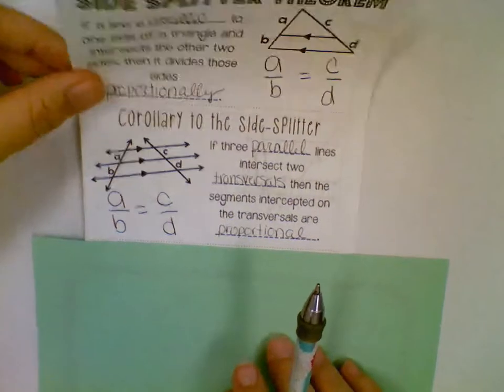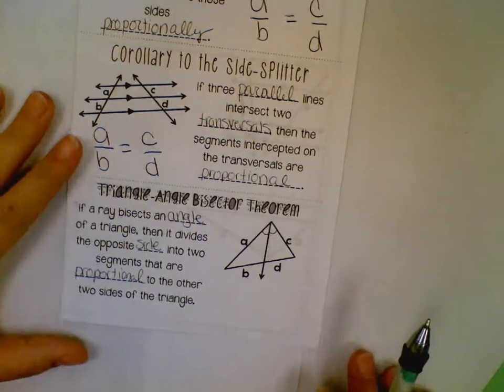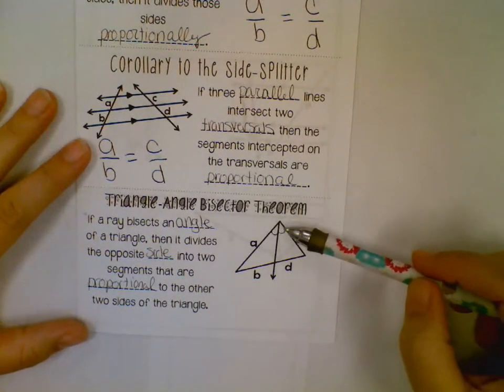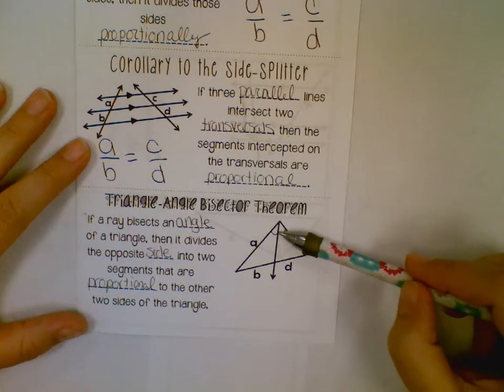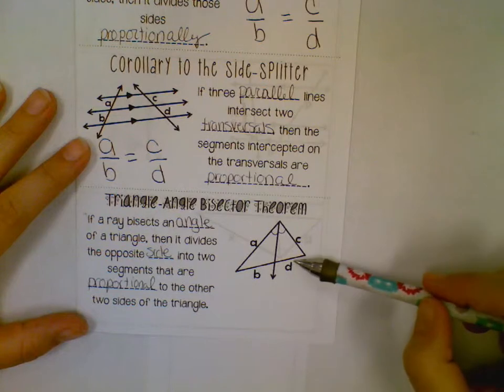Okay, so our last theorem is the triangle angle bisector theorem, and this one says that if a ray or a segment or a line bisects an angle of a triangle, then it divides the opposite side into two segments that are proportional to the original.